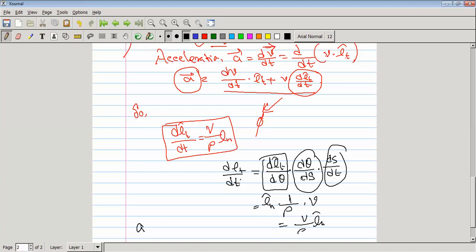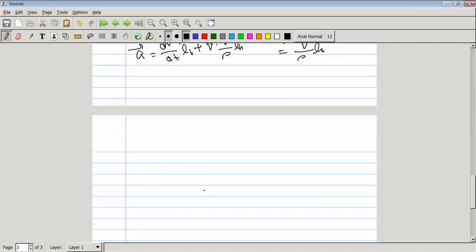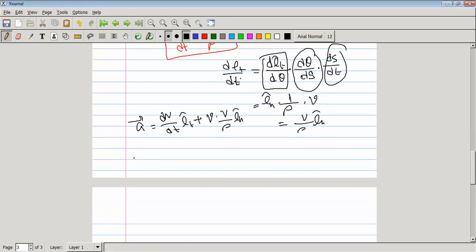Then a is nothing but dv by dt et plus v into v by rho into en. So from this equation, we can say acceleration has two components, right?